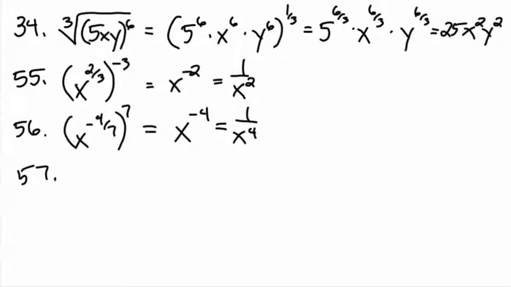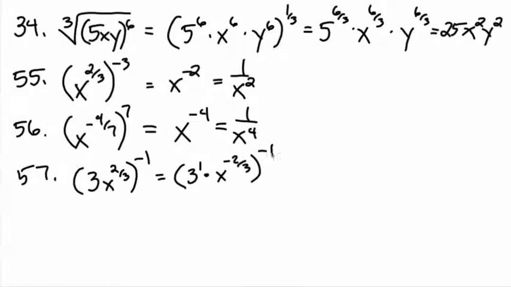57. I have 3x to the 2/3. That's being raised to the -1. A lot of people don't realize this, but this 2/3 power only corresponds with the x. It does not belong to the 3. That's why I tell people to always make sure that everything has an exponent before you begin. So the first thing I would do is rewrite this as 3 to the 1st times x to the 2/3.